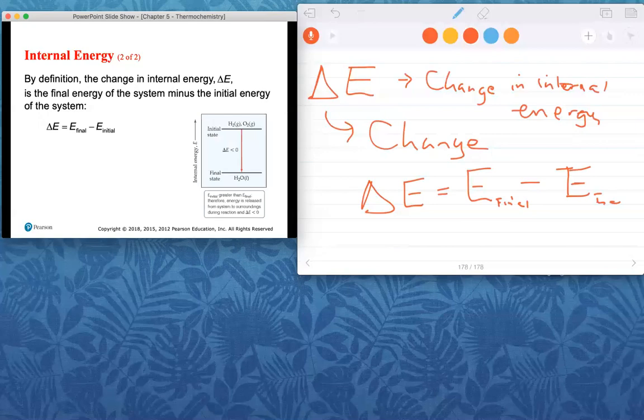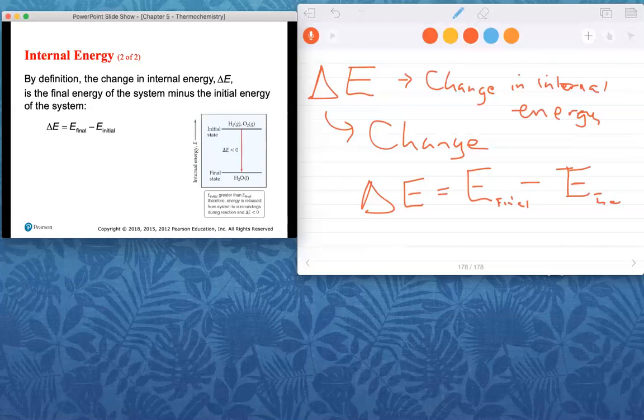And this symbol right here, depending on the numerical value you end up with, we use exothermic or endothermic. If less than 0, that means heat is given to the surroundings, released from the system to the surroundings during the reaction.